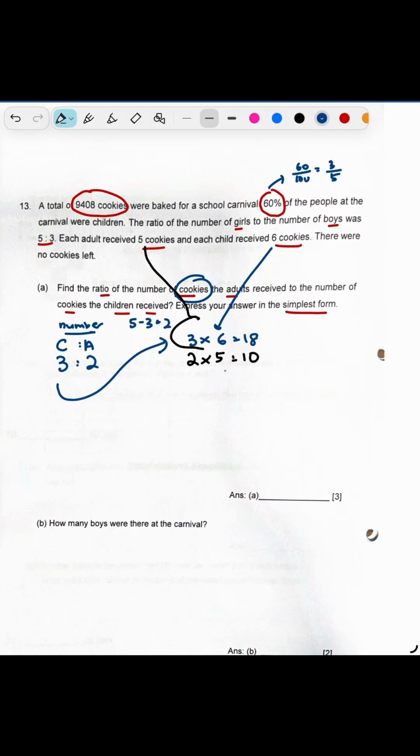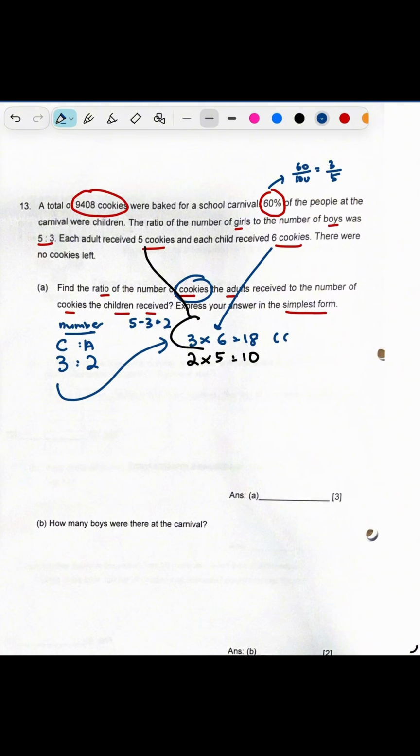So in one group, when I add these 2 numbers together, I will get 28. But in this question, they do not need you to add or whatsoever. They just asked you, what is the ratio of the number of cookies? Because this is the number of cookies already.